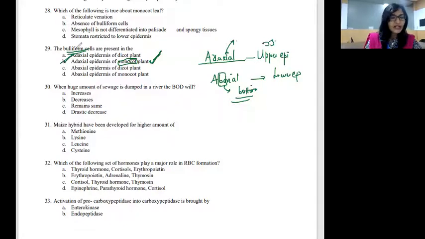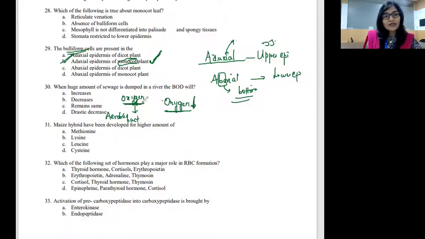Okay, yes. The next question: when a huge amount of sewage is dumped into the river. Suppose there's a beautiful river and sewage is introduced, all the ditch waters are introduced. So what exactly happens if the water is polluted? Ultimately, what happens to the oxygen level? The oxygen level gets less because other material becomes more. Why will the oxygen become less? Because whatever oxygen is available will be utilized by aerobic microorganisms, let's consider aerobic bacteria.